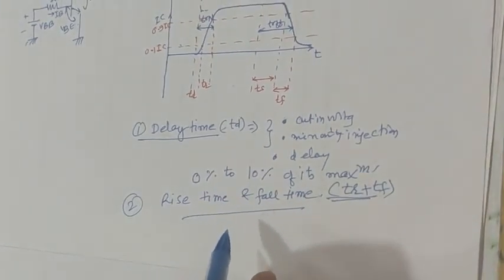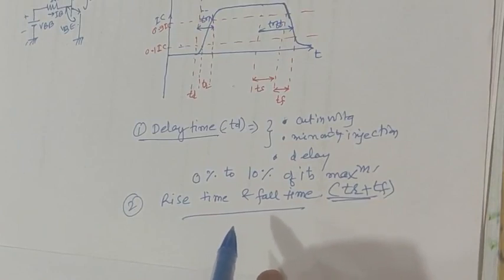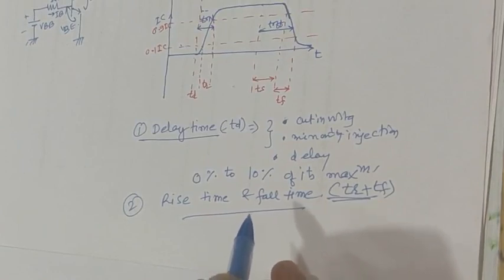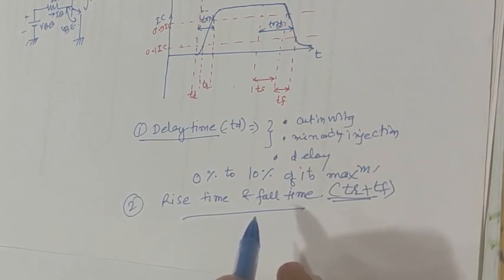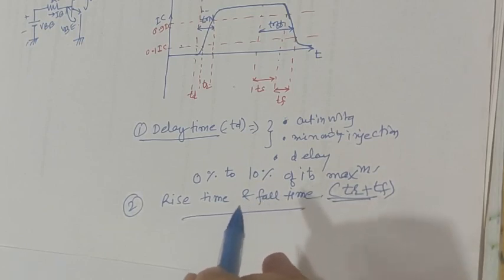Remember, the rise time and the fall time are due to the fact that if the base current step is used to saturate the transistor or to return it from saturation to cutoff, the collector current must transfer through the active region, and the collector current increases or decreases along an exponential curve in this region.